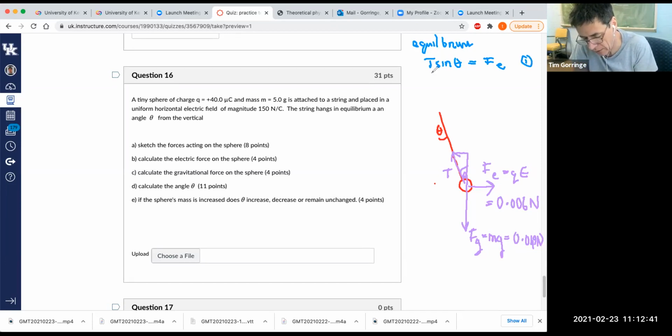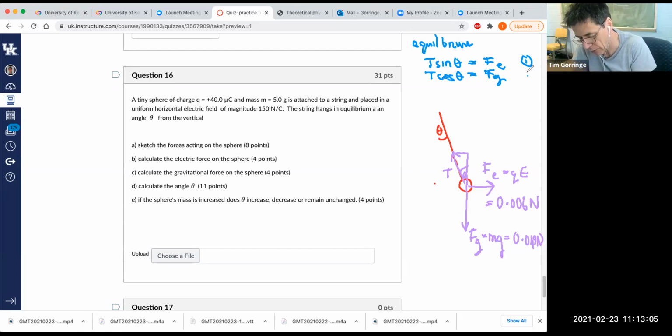And then for the vertical component of tension, so it's T cosine theta, is balanced by the downwards gravitational force. And again, I'm referring to the magnitudes of gravity here and the magnitudes of the vertical component of the tension. They're in opposite directions.